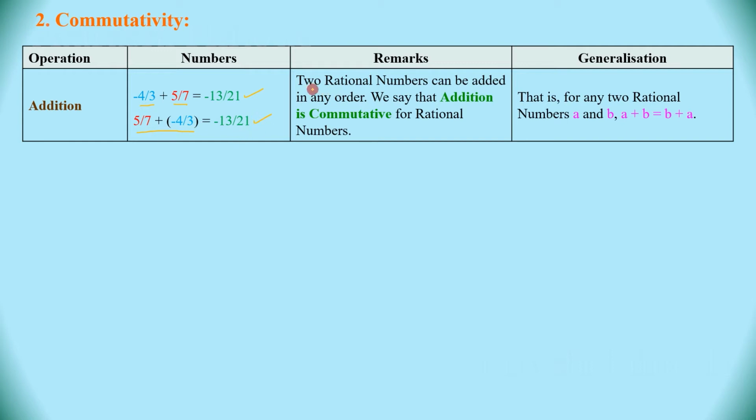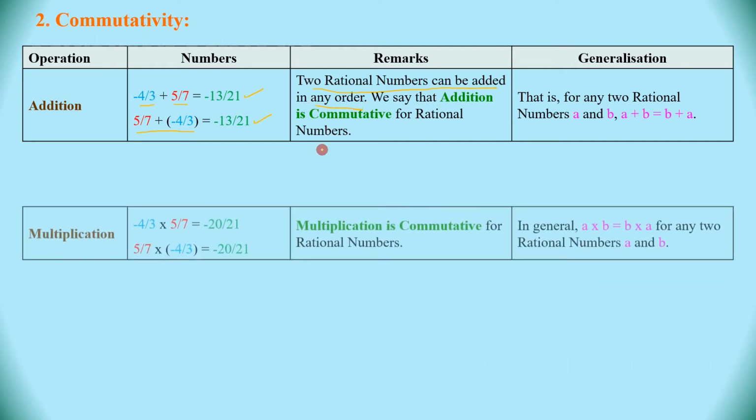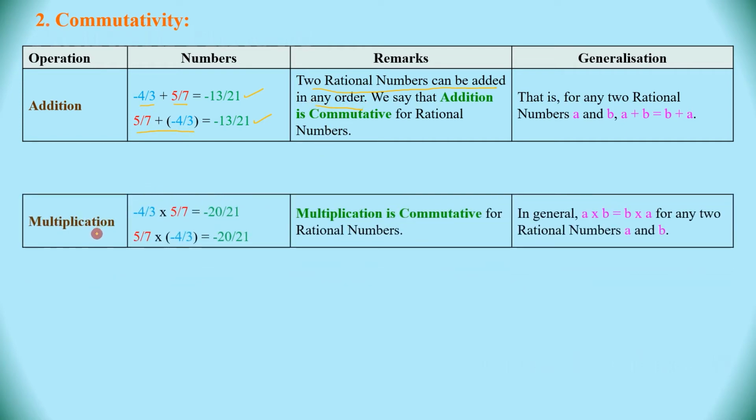That is, two rational numbers can be added in any order. Same is the case for multiplication also. Two rational numbers can be multiplied in any order. So we can say addition and multiplication are commutative for rational numbers.